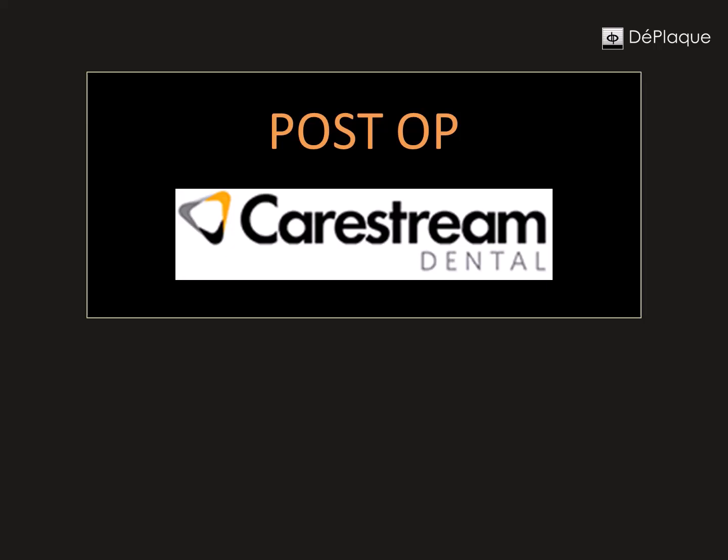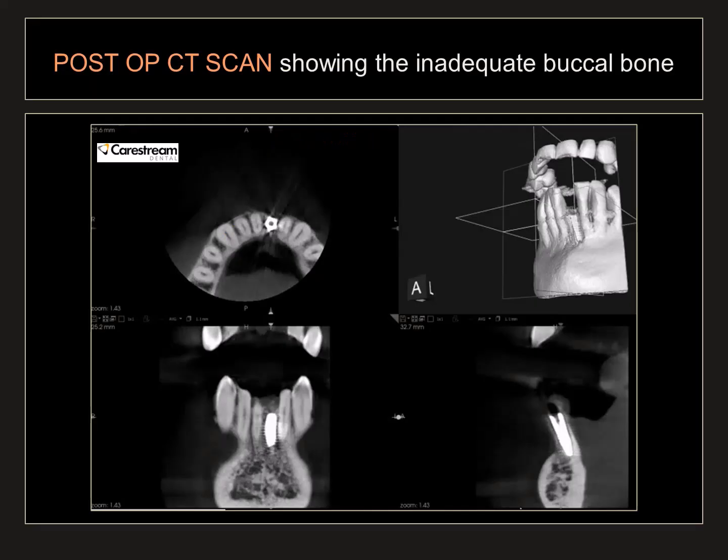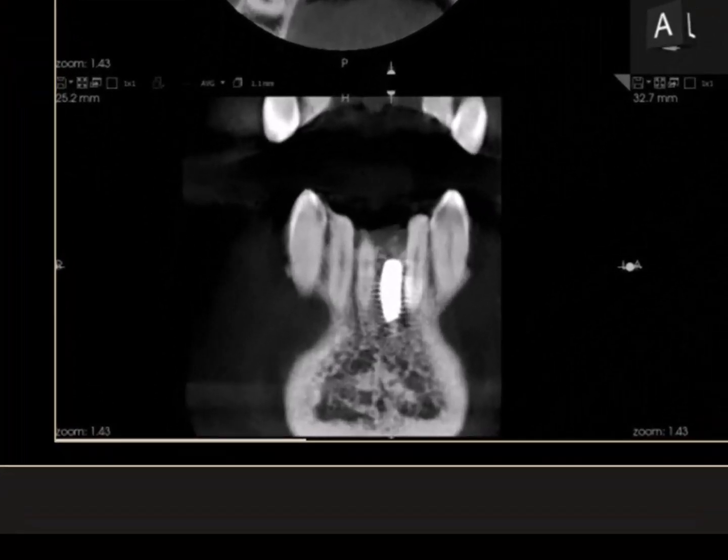Post-surgical cone beam radiographic images of the implant placement were evaluated with the Carestream software. The cross-sectional or buccal-lingual view can be seen showing the thin layer of bone on the labial surface of the implant.